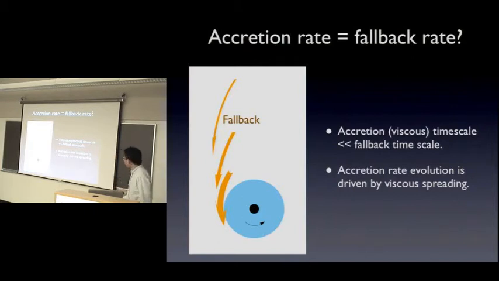The argument is that the accretion time scale, or the viscous time scale, at the disruption radius is much smaller than the fallback time scale. People think that any time you throw material around the disruption radius, that material will quickly accrete to the black hole, so the accretion rate should equal the fallback rate.